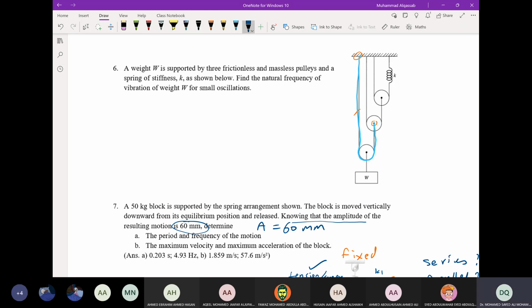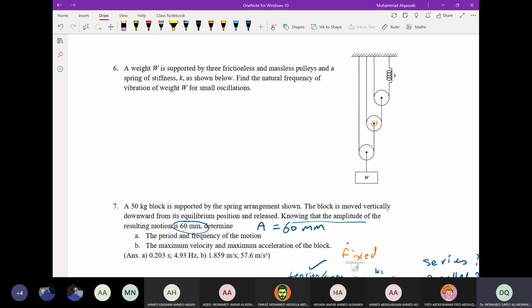And we have a second chord, which goes from the ceiling around the second pulley to the center of the third pulley. And we have the third chord, which goes from the ceiling around the third pulley to a spring here. Okay, those are 3 chords.